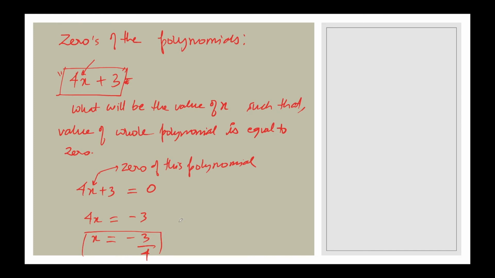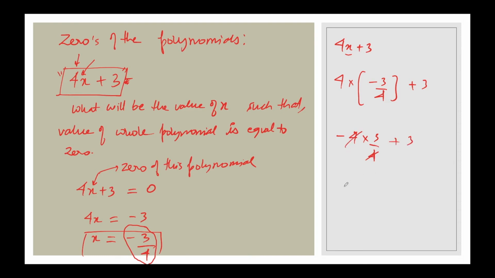Now if I place this value in this polynomial, see, the polynomial is 4x plus 3, right? If I place this value that I just received, minus 3 by 4, instead of x, what will it become? Instead of x I will place minus 3 by 4, plus 3. Now if I solve it, it will be minus 4 into 3 by 4 plus 3.